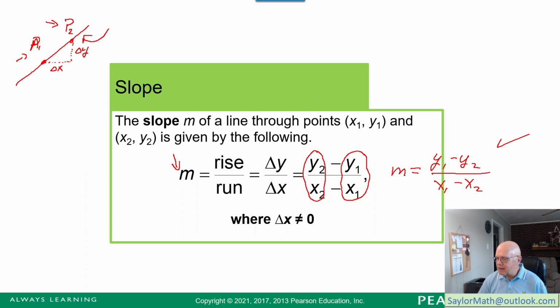The important thing is that these come from the same point, P1 in this case, and these come from the other point, P2. So these come from one ordered pair, these come from the second ordered pair. It should go without saying that what you have in the bottom can't be 0. You can't divide by 0.